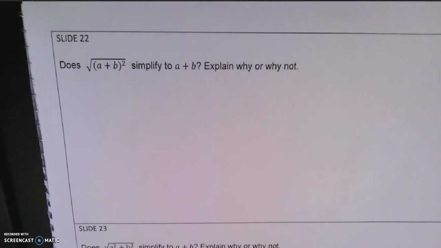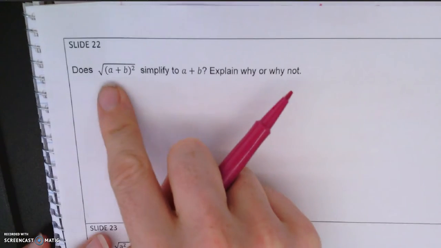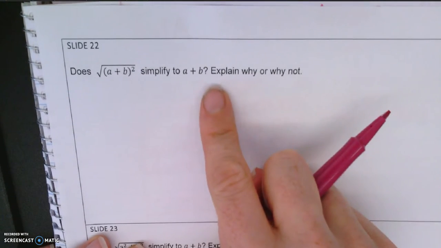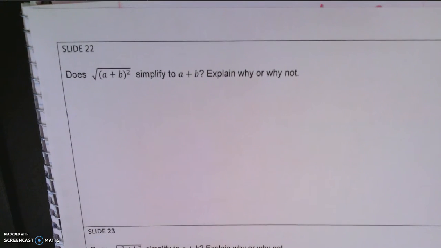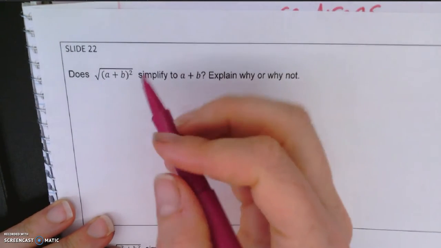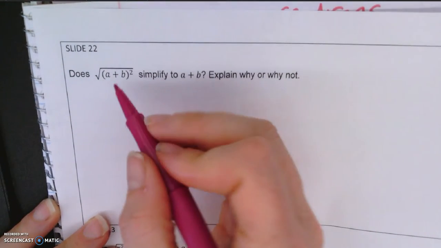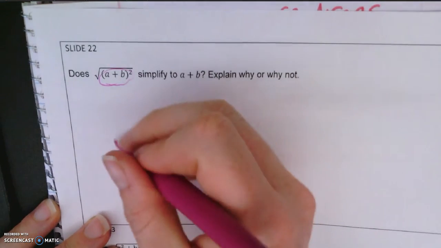So let's take a look at slide 22 and 23. Taking a look at slide 22. Does the square root of a plus b squared simplify to a plus b? Explain why or why not. Well, we can think about this as, what's in here would be the side length of a square.